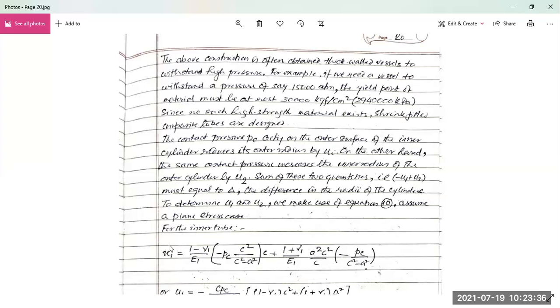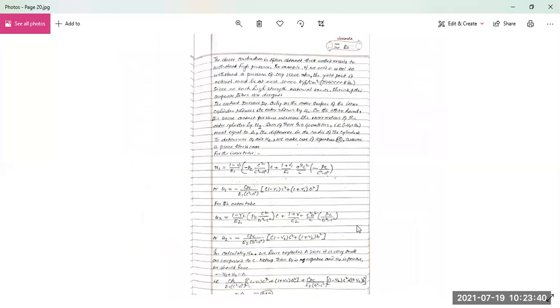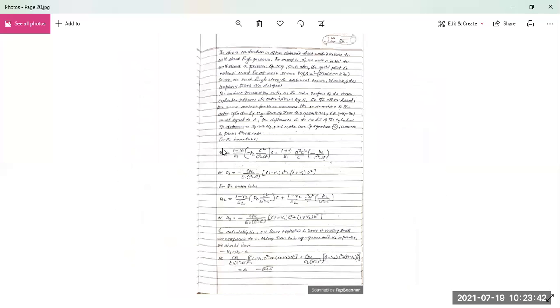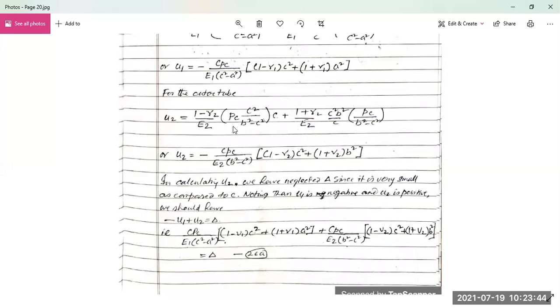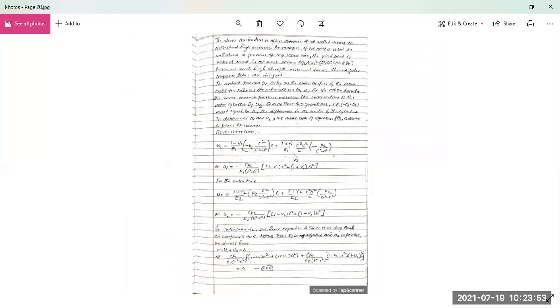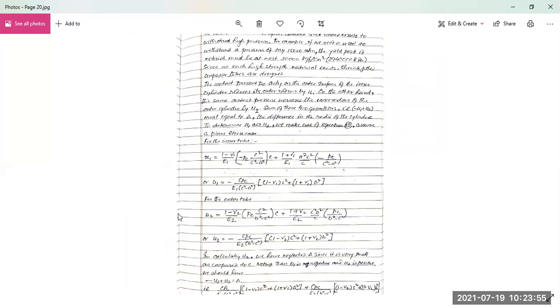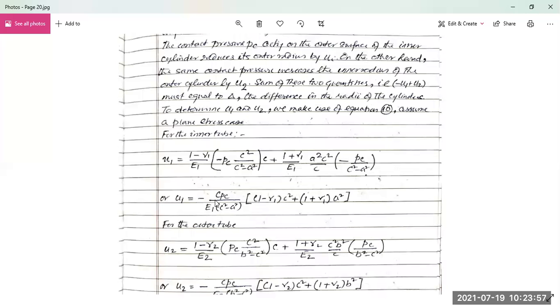This is the displacement of the outer radius itself. Or if we reduce further, U1 becomes equal to minus C PC.